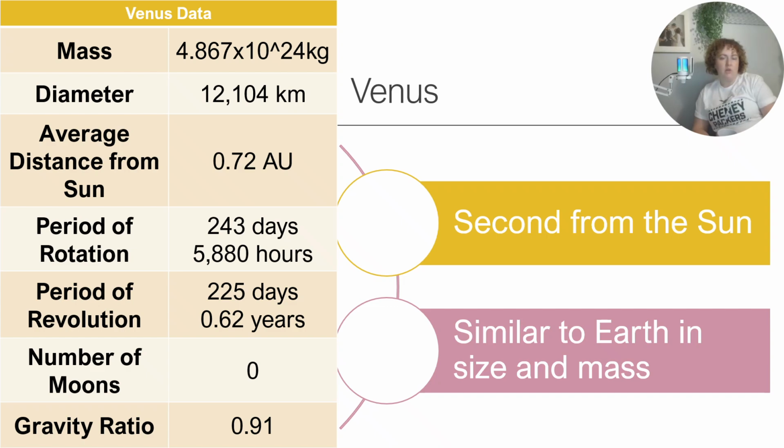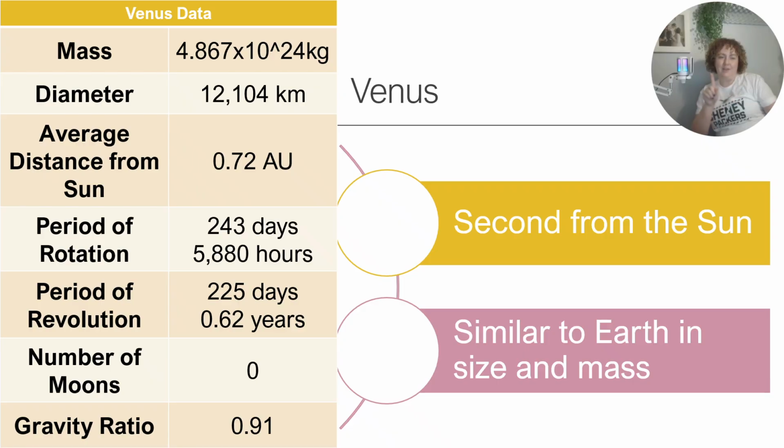Now, here's where Venus gets really interesting. Its period of rotation, the time it takes to rotate. Venus actually is in retrograde. It is the only planet in our solar system to rotate clockwise.